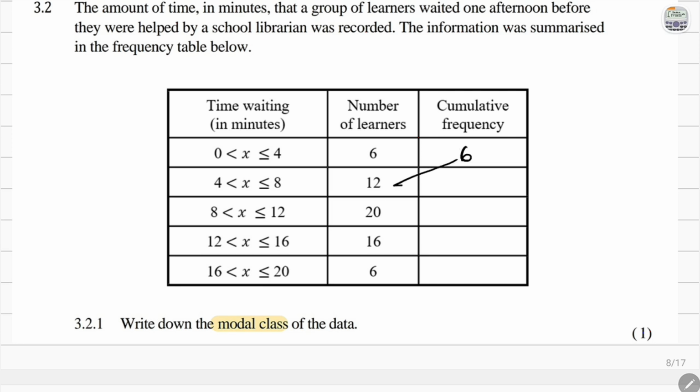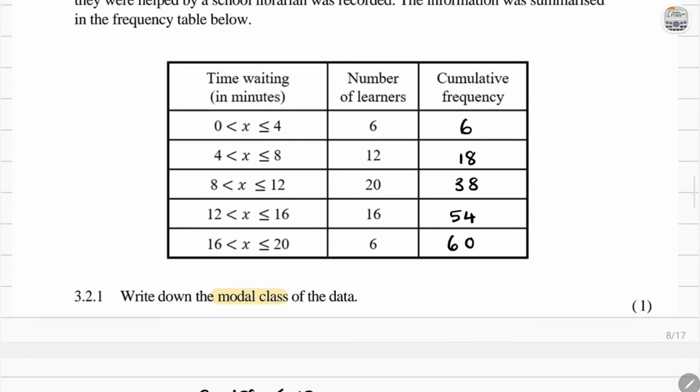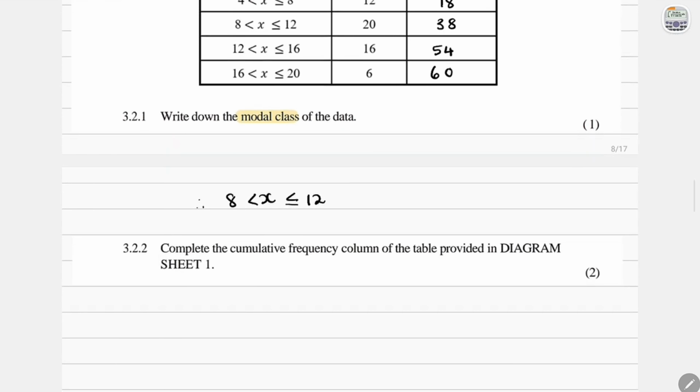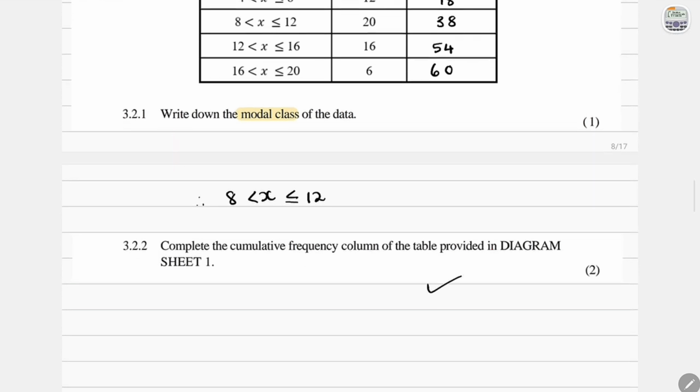And then 6 plus 12, and that's 18. 18 plus 20, and that's 38. 38 plus 16, so that's 54, and then plus 6, which is 60. Okay, so 60 learners in total, and that is our cumulative frequency. So I'll just leave that as, that's completed. Moving on to the next question.